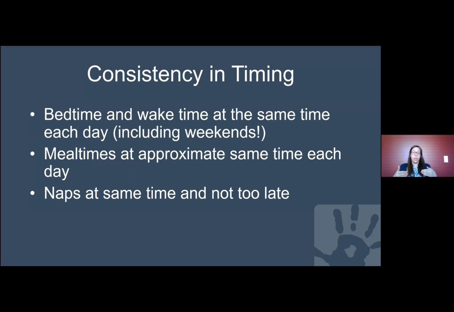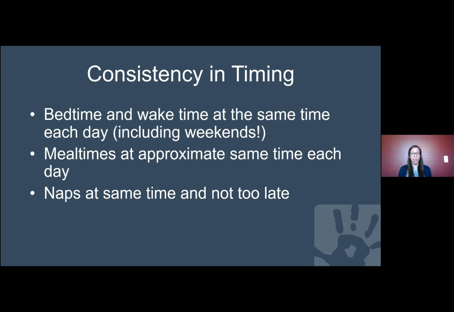You can set yourself up for success by making the timing of when your child goes to sleep and wakes up really consistent. Of course, this is not always possible, but as much as it is possible, trying to make it consistent can be really helpful. Even the timing of other routines throughout the day can also be very helpful.